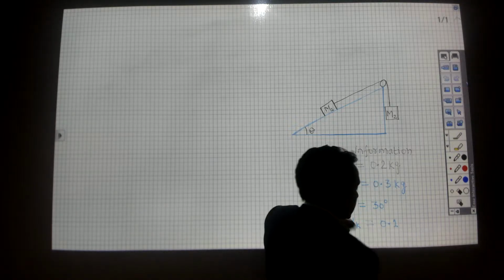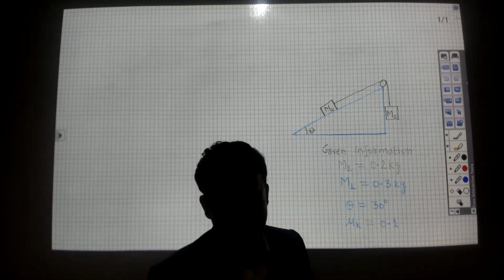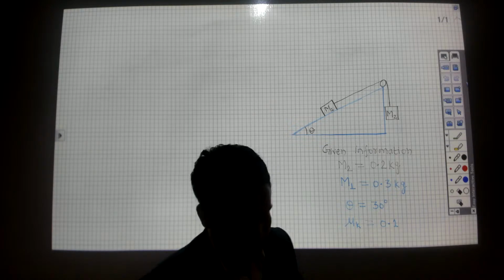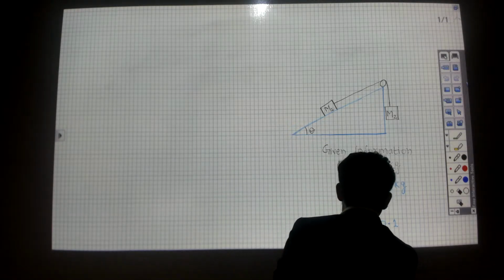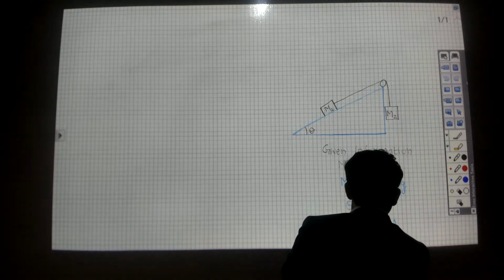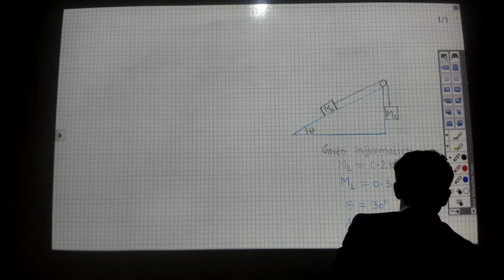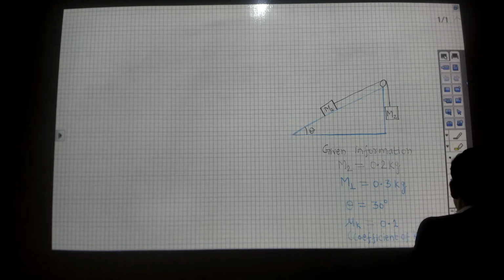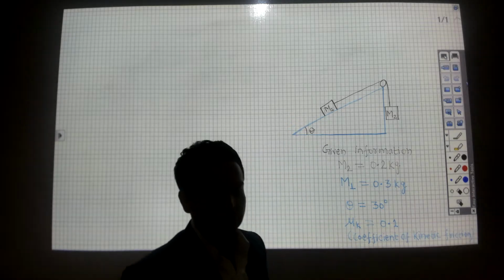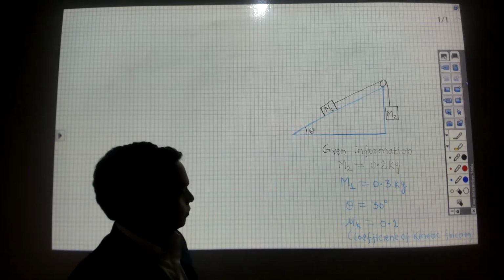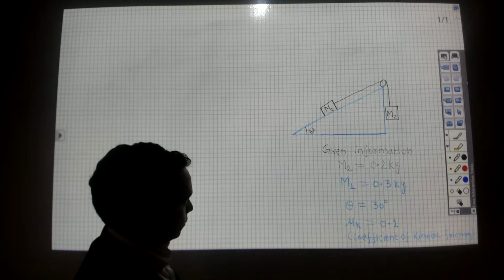And remember, this one has no units. It's a coefficient. The coefficient does not have any unit. This is called the coefficient of kinetic friction, and this is a given quantity. Alright? So this is all the given information.